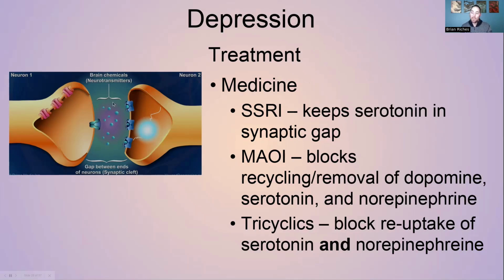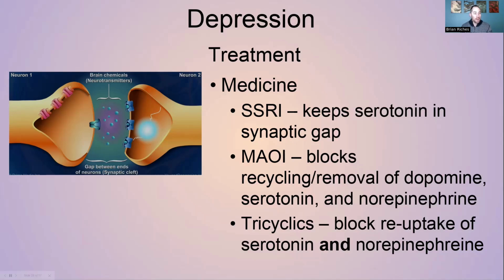SSRIs stop that from happening, so there's more serotonin just kind of floating around here, ready to activate, making it easier to activate. In the prefrontal cortex, for example, that could be really useful because then those neurons that might normally not activate, since there's a little more serotonin floating around in here, they're more likely to activate. You're able to do something like regulate or pay better attention, that kind of thing.